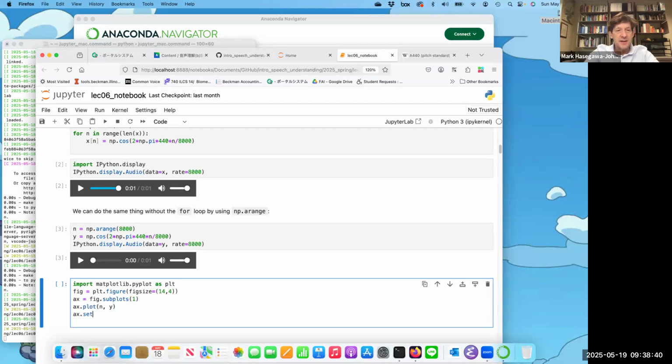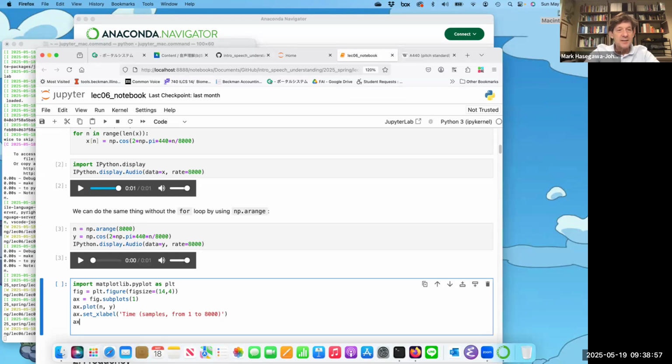Let me set the axis labels. The x-axis is going to be time measured in samples from 1 to 8,000. And the y-axis will be the sound pressure level of the pure tone.